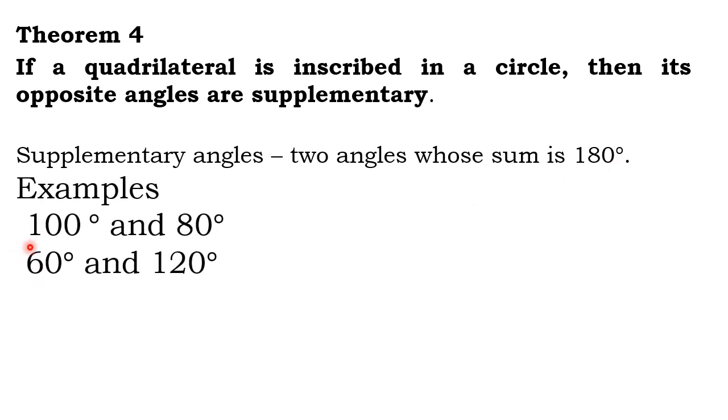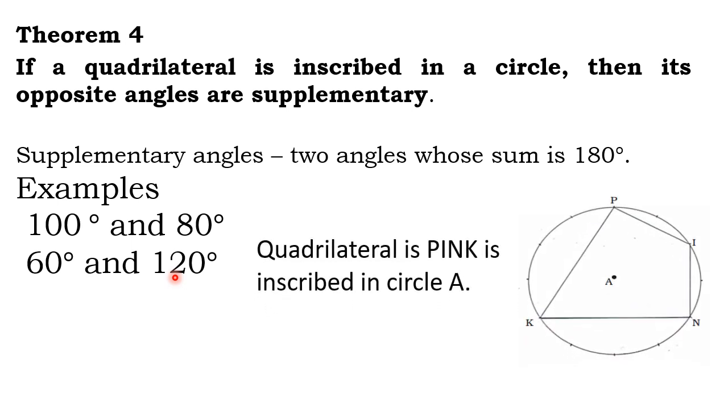For example, angles with measures of 100 degrees and 80 degrees are supplementary. Another example is 60 and 120 degrees, which are also supplementary. Meaning to say, their sum is 180 degrees.